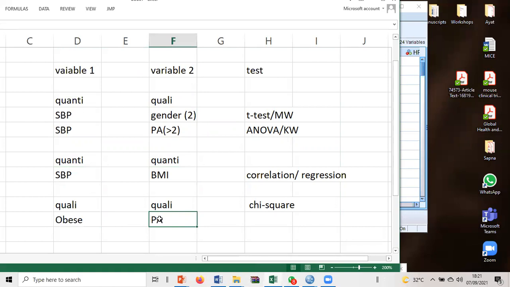In real life, things don't work this way. In real life, the BP may depend on so many factors. Example, age comes in. Age comes in, no more simple. We call it multiple linear regression.